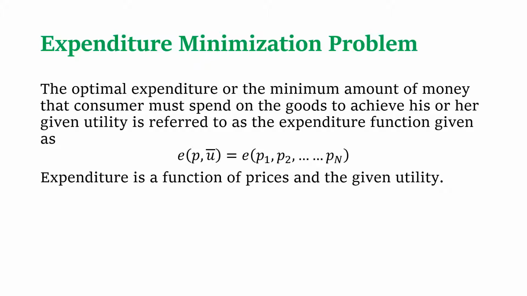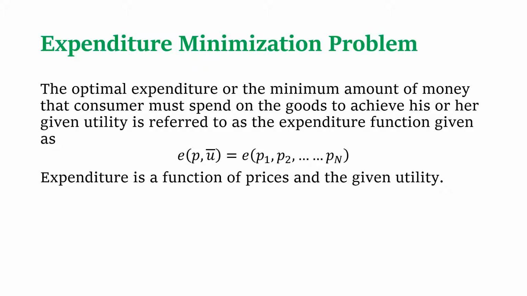So we obtain the optimal values, which are referred to as the Hicksian, and then substitute those values into the objective function to get the expenditure function. Get the point I'm making? Now you see everything here is opposite. Now how do we get the expenditure function here?